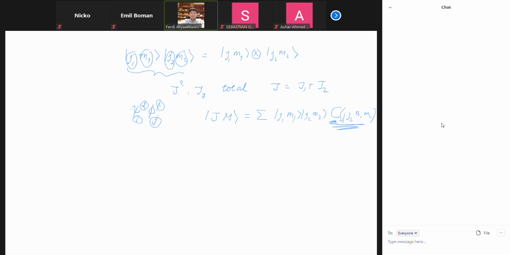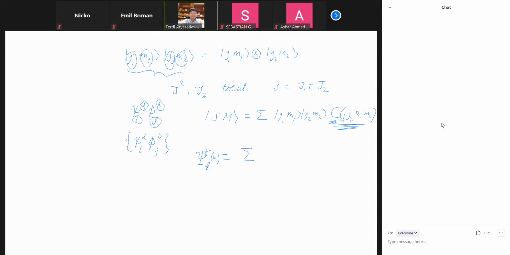So we form linear combinations of these product functions. So we have linear combinations of these functions, called capital psi, like that, with M here.